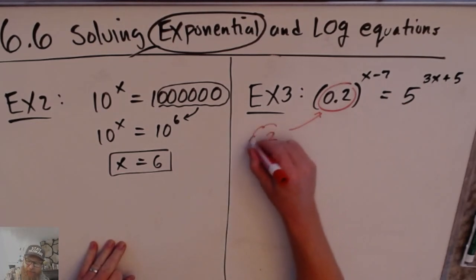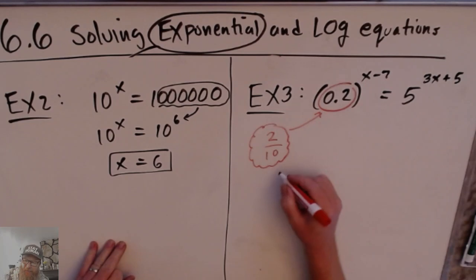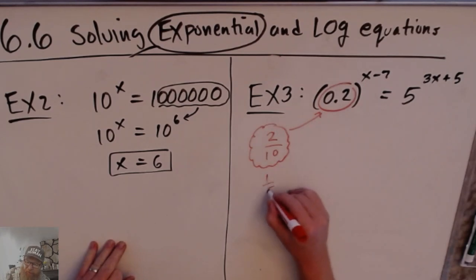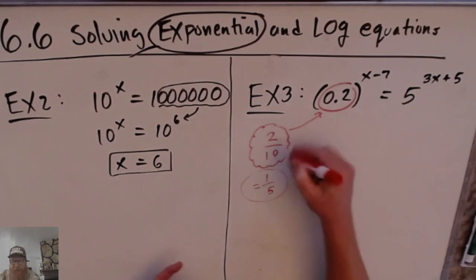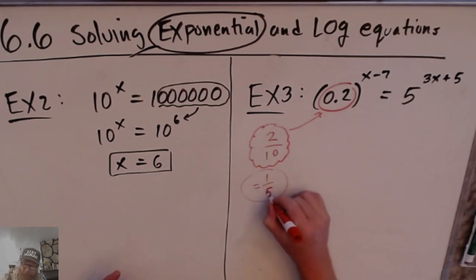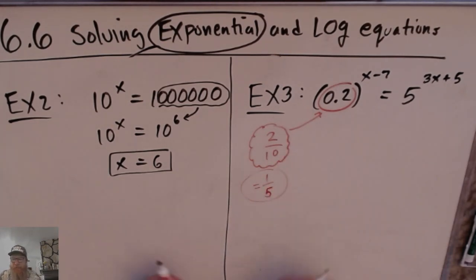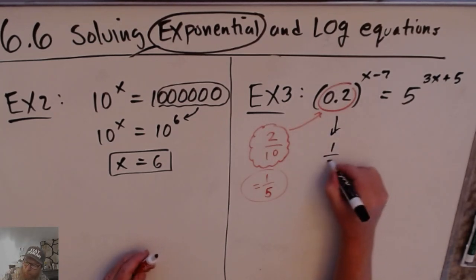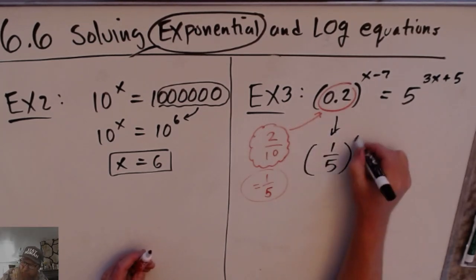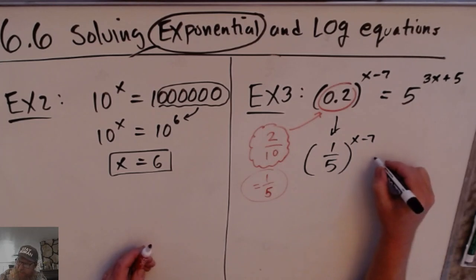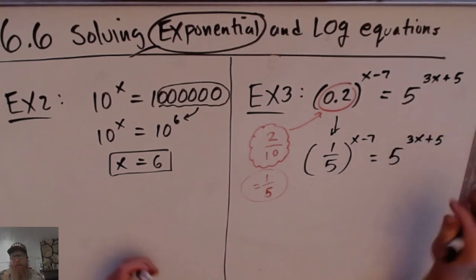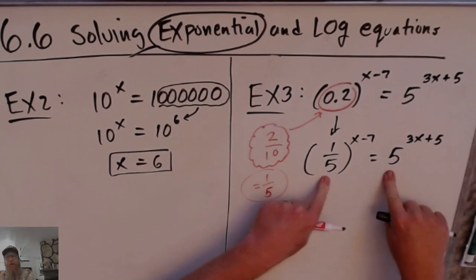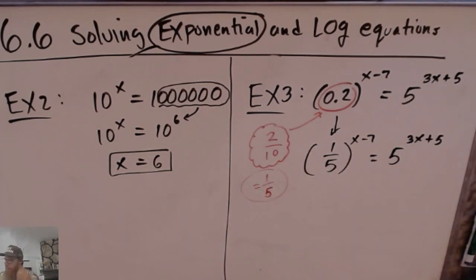Using mental math, 2/10, and that's the same as 1/5. 2/10 is equal to 1/5. So I can rewrite this as 1/5 to the x minus 7. And now you see that the two sides both have a base of 5.